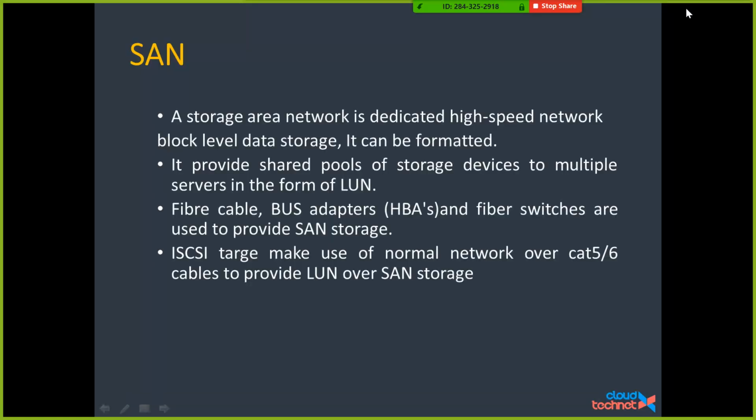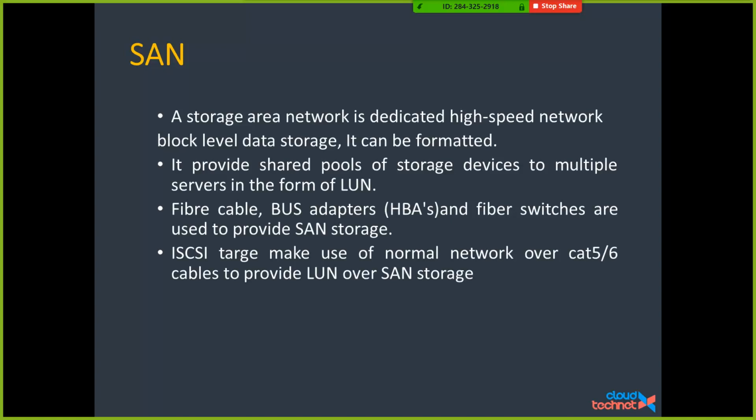So with iSCSI, using Cat6 or Cat5 cables connected to your SAN LUN, the ID is called the IQN address. IQN stands for iSCSI qualified name. If you are using fiber cable, you use the WWN number.